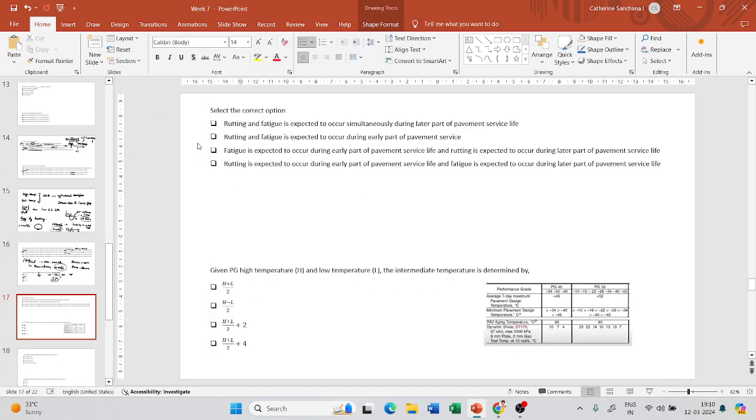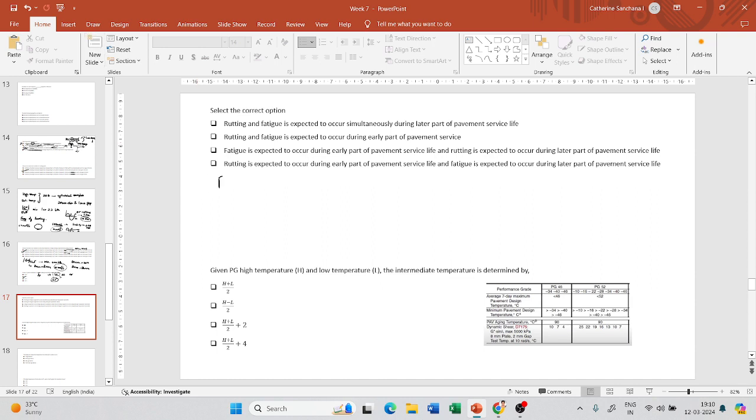Select the correct option. Rutting and fatigue is expected to occur simultaneously during later part of pavement service life. Rutting and fatigue is expected to occur during early part of pavement service life. Before we go through the options, we will see what samples are used to test for rutting and fatigue.